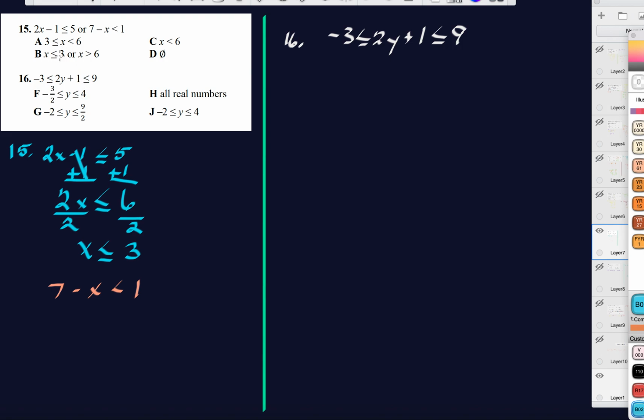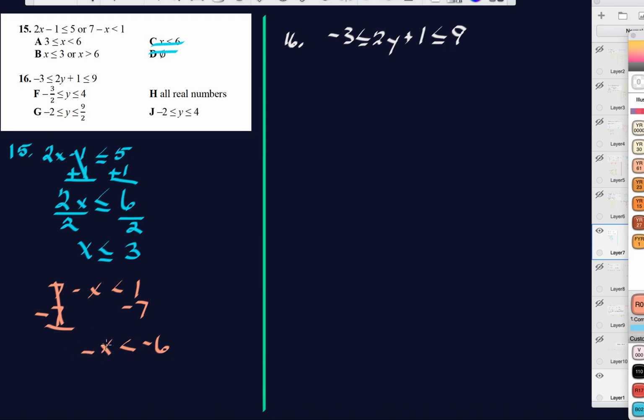Well, we have that there, and we have that there, so we're not sure whether it's A or B, but these guys are gone. Right, so let's go ahead and move on to the second half of this show. I need to get rid of this positive 7. I'm going to subtract 7 from this side, subtract 7 from this side, and this goes away. 1 minus 7, so negative x or minus x is less than negative 6.